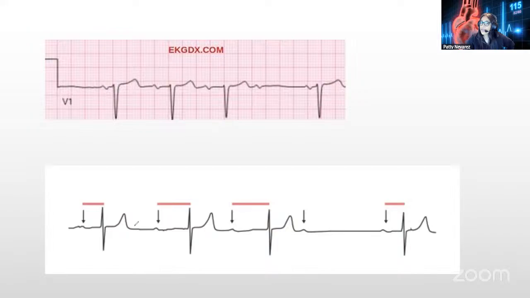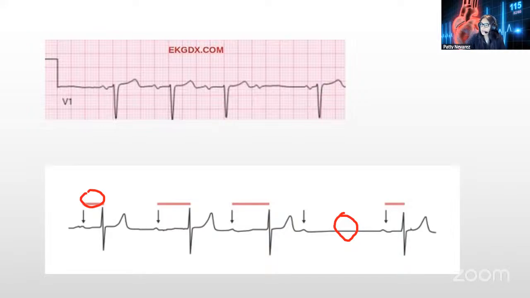Let's take a look at the next sample. This one is already marked for us. Again, if we did not have these marks, we would go ahead and look at the QRSs. What kind of rhythm is it? We can immediately see that there is a drop of QRS. So it leads us back to two options: Mobitz 1 or Mobitz 2, or Wenckebach or Mobitz 2.